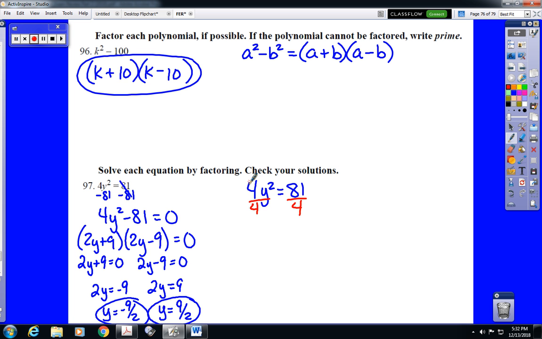We can divide each side by 4, which would give us that y squared is 81 fourths, and then we can take the square root of each side, which would give us that y equals plus or minus 9 halves, because when I take the square root of a fraction, that is the square root of the top over the square root of the bottom, and the square root of 81 is 9, and the square root of 4 is 2. So that would be the exact same answer.